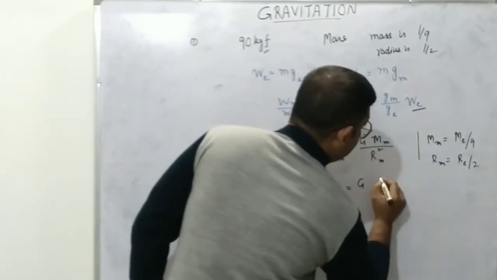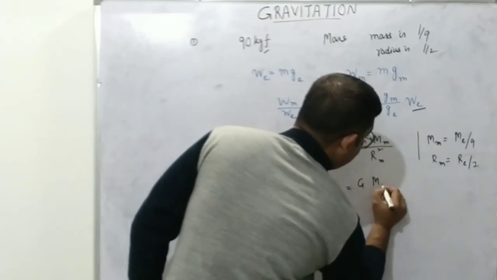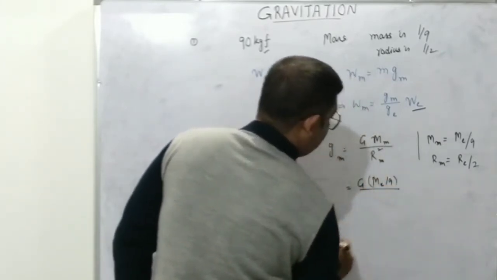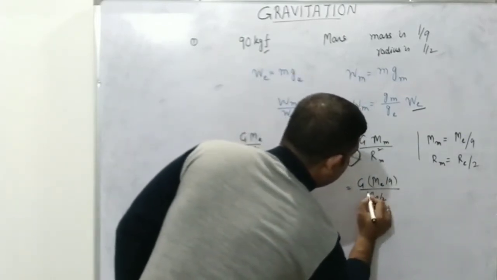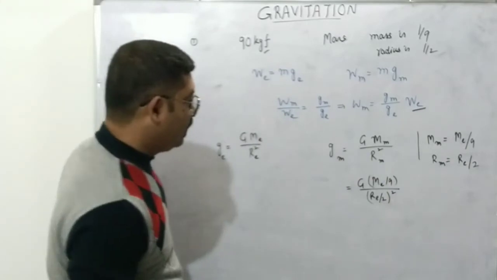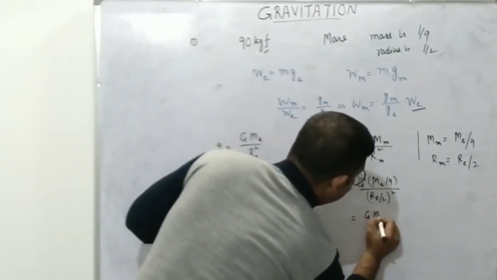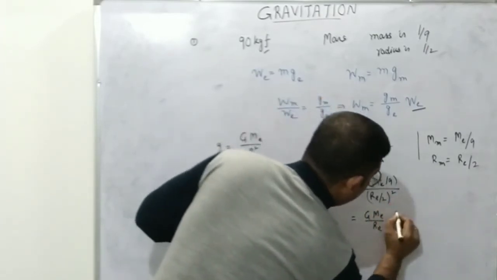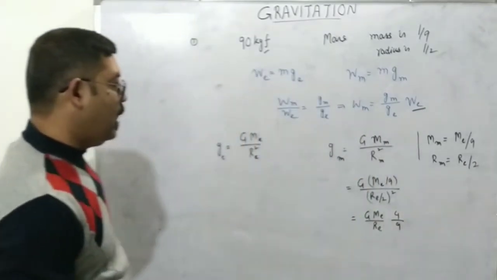G, instead of mass of Mars, we can write mass of Earth by 9, and then radius of Mars will be radius of Earth by 2 squared, which we will get G Me by Re squared. 2 squared is 4, which will go in the numerator, and 9 will come in the denominator.